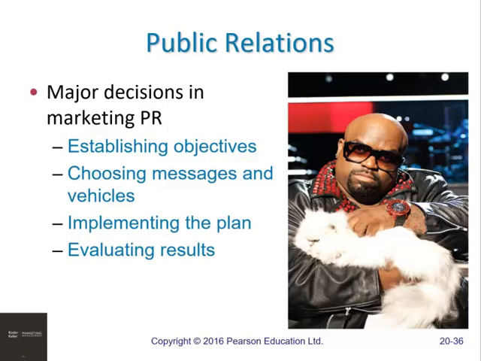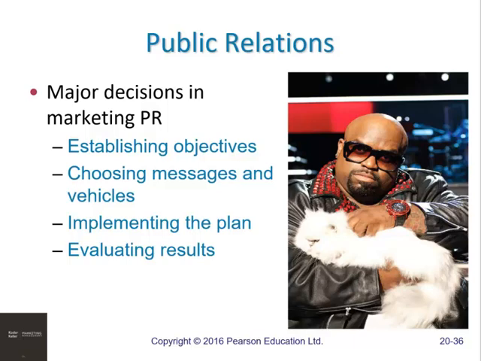Choosing messages and vehicles. The MPR practitioner will search for stories. Each event and activity is an opportunity to develop a multitude of stories that are directed at different audiences. Implementing the plan. MPR's contribution to the bottom line is difficult to measure because MPR is used along with other promotional tools.